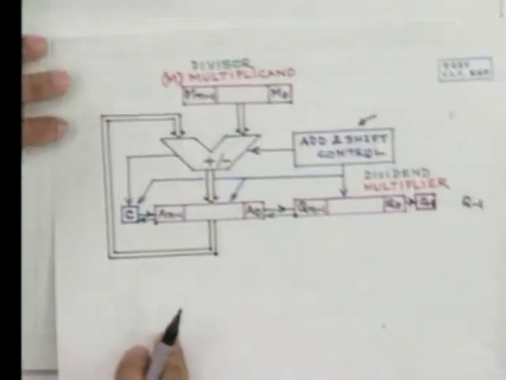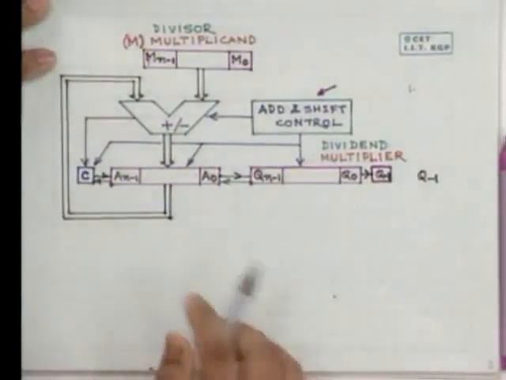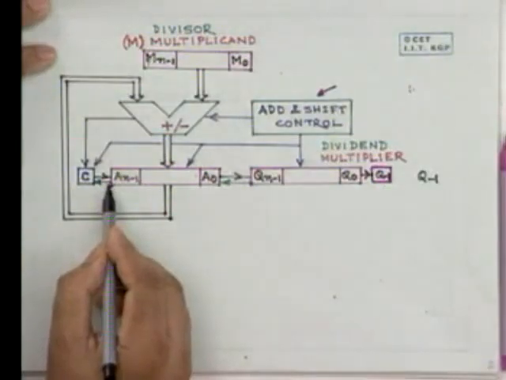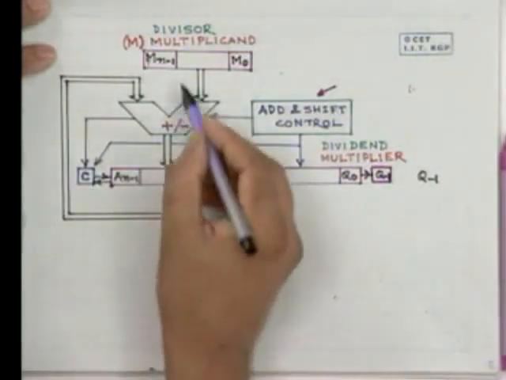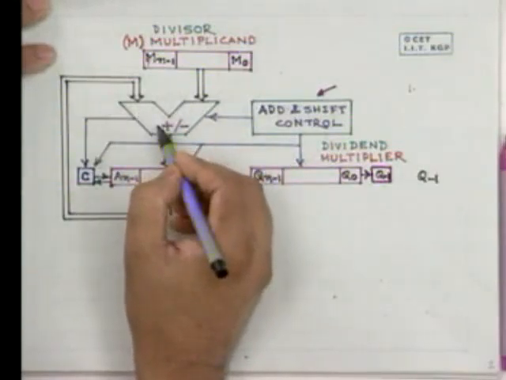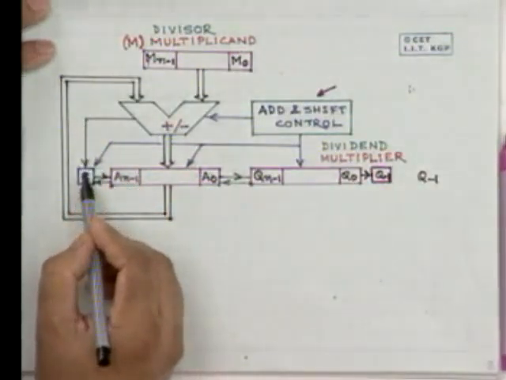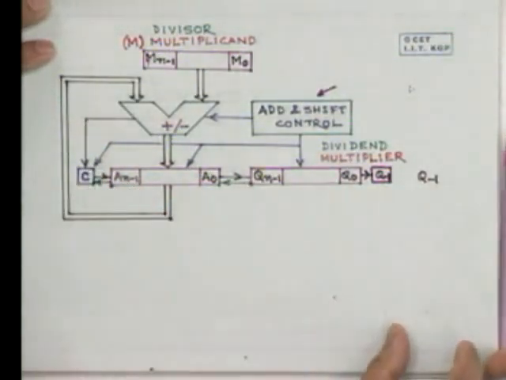Now let's see what these are. So far as the carry flag is concerned, anything that comes out of the most significant bit of this register comes into this. Similarly, while doing some arithmetic operation, if something flows out of the most significant bit, that is put into the carry flag. We call this a carry flag.